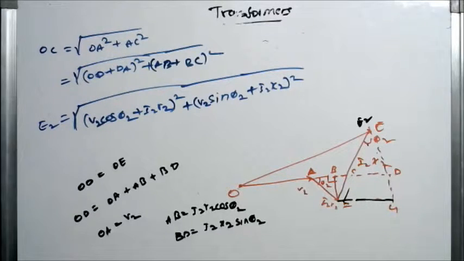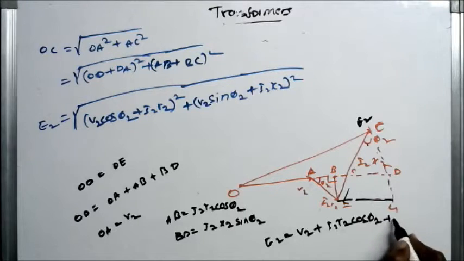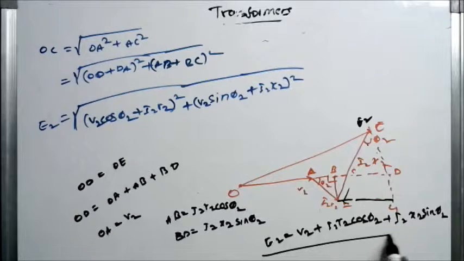So E2 is equal to V2 (OA) plus AB, I2 R2 cos phi 2, plus I2 X2 sin phi 2. This is simple and less laborious in calculation of E2.